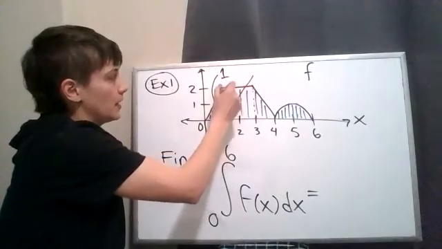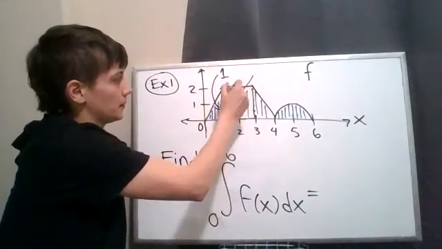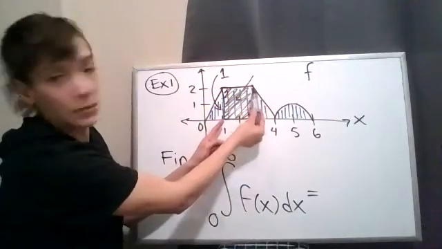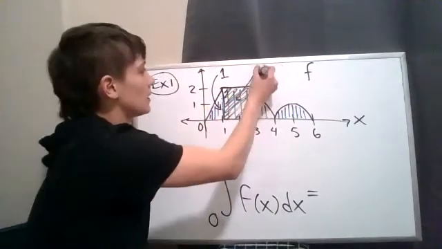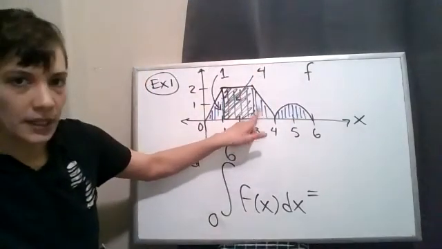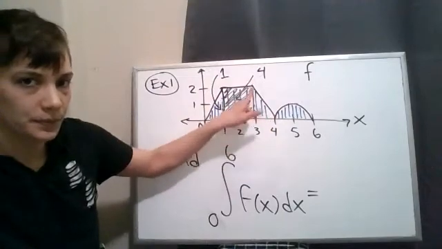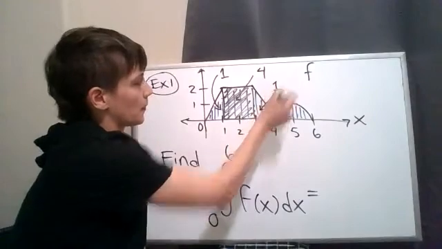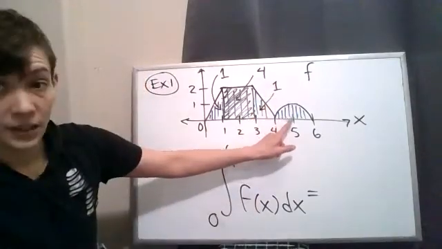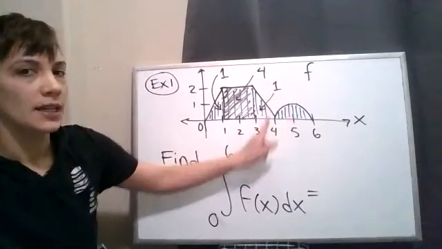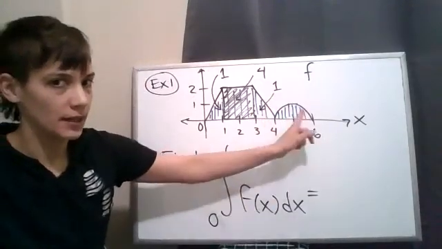Okay, then we've got this square shape. An area of 2 by 2, so it's area 4. Here's another triangle with area 1. And this circle has a radius of 1. So the area is pi times the radius squared.